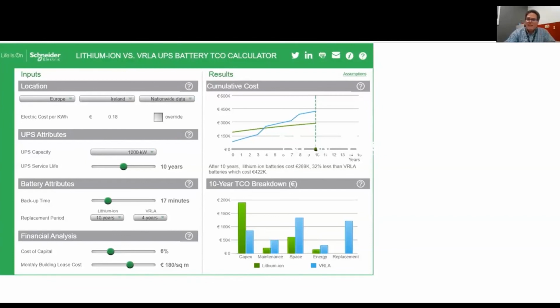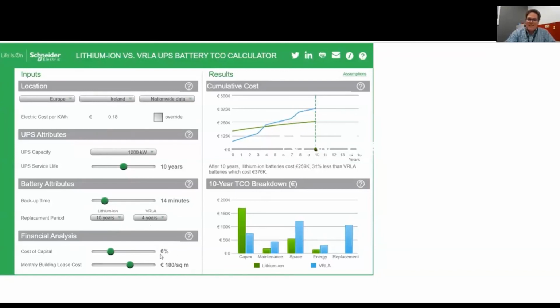But rather than having this tool be based on my assumptions of what are the avoided costs, the tool allows the customer to input their own assumptions, such as the cost of their electricity, where in the world they're located, the size of their data center, how many years their data center is going to be in service, what is the backup time required for the uninterruptible power supplies, the replacement period for the batteries.